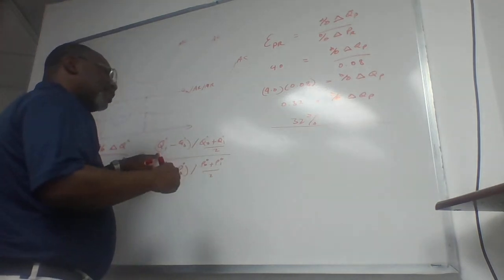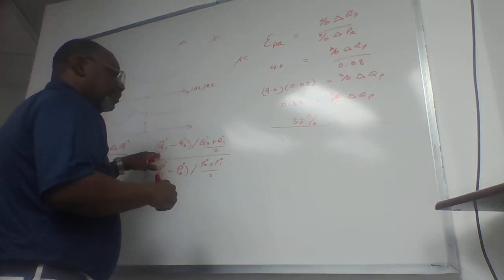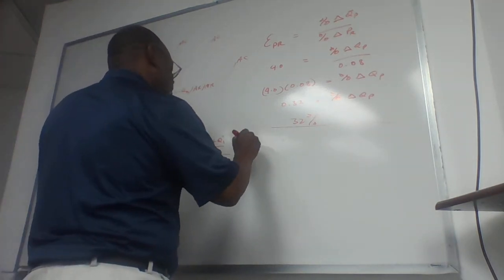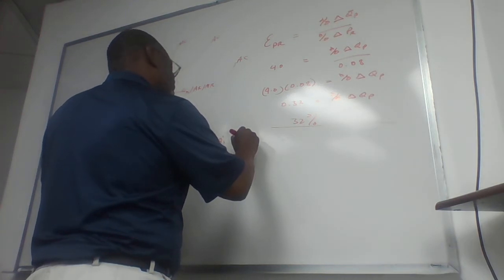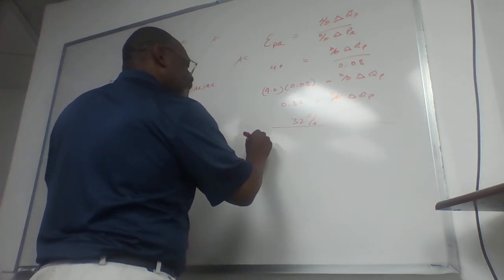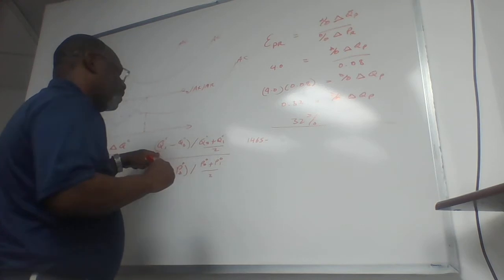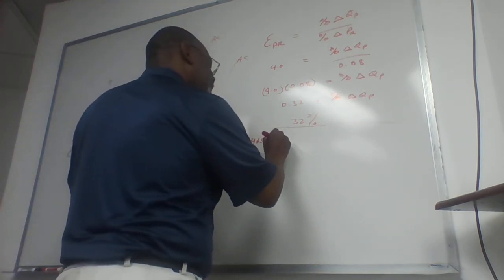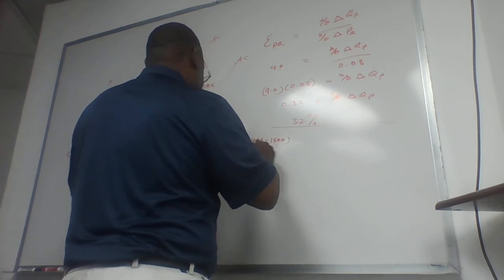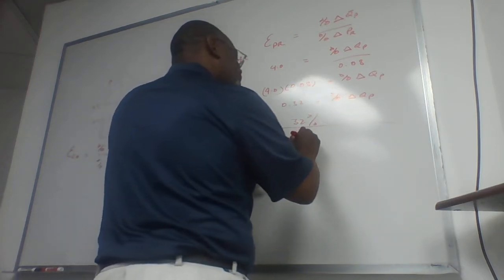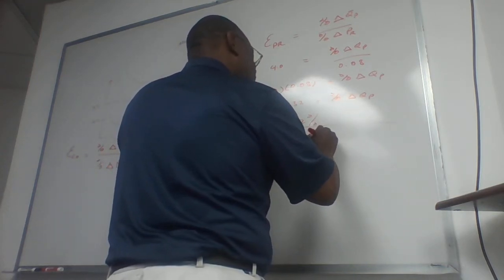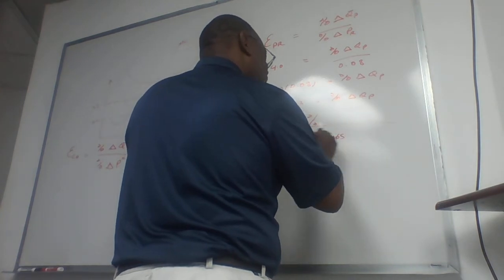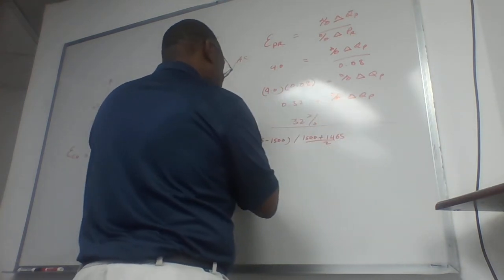What's Q1 for cereal? 1465. Cereal goes from 1500 to 1465, so that's minus 35 divided by 1,500 plus 1465 over 2.